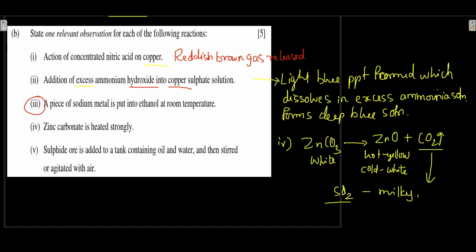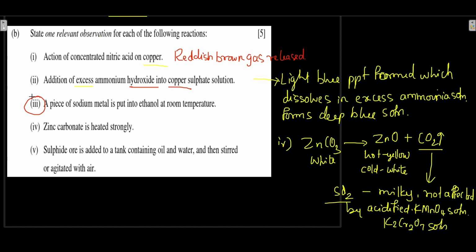So you have to write one more test, not affected by acidified potassium permanganate or potassium dichromate solution K2Cr2O7, because SO2 will change the color of these two solutions. That's how you distinguish between SO2 and CO2.